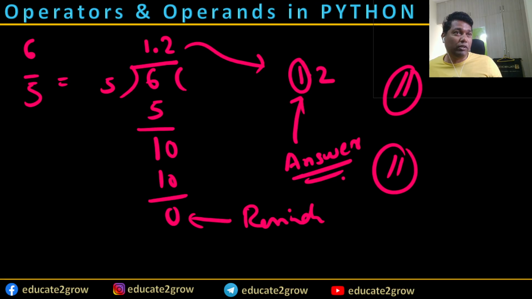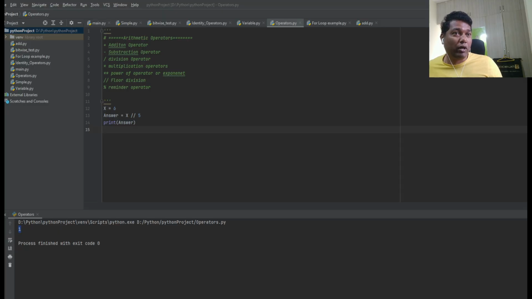Let me go to the Python programming platform and I'll show you the remainder now. If I use remainder, you will see what exactly it will give. The answer is only 1. I'll tell you how.